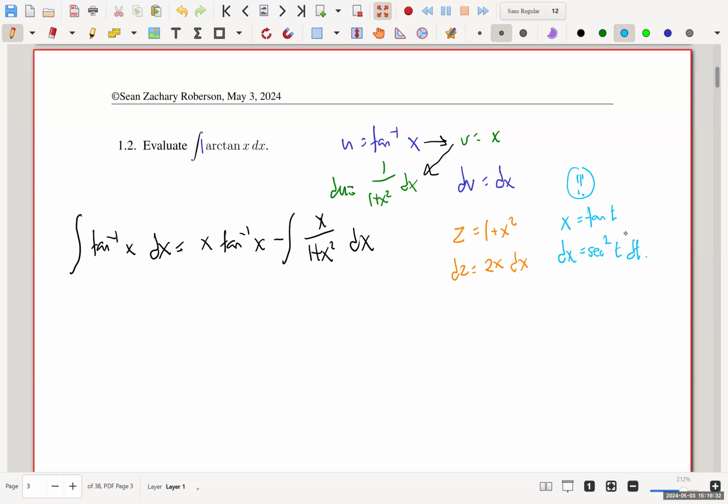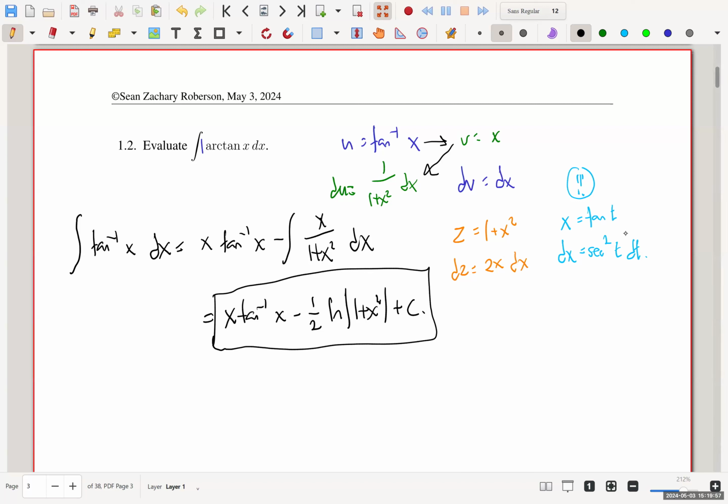I just don't want to write theta because it's going to get messy the more I write it. So does everyone see where that one came from? Again, because 1 plus tangent squared is secant squared, we might need that for a question. Either way, no matter how you go about it, you will get the following result. x arctan x minus 1/2 log of absolute 1 plus x squared plus a constant.